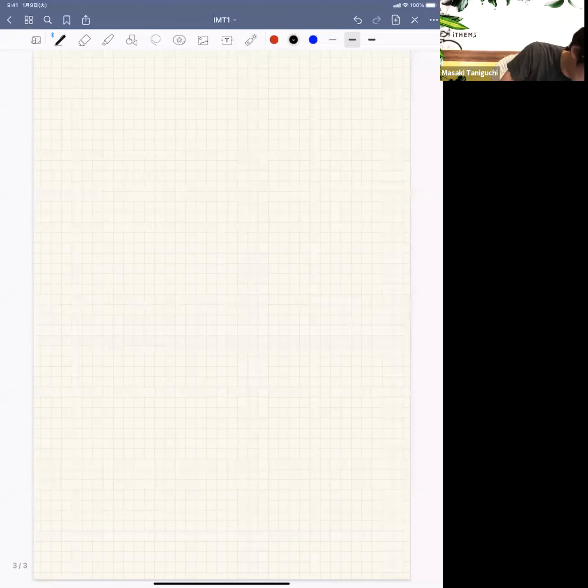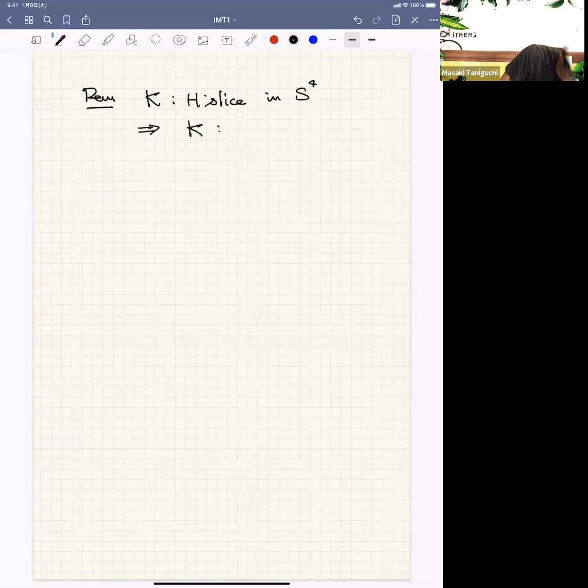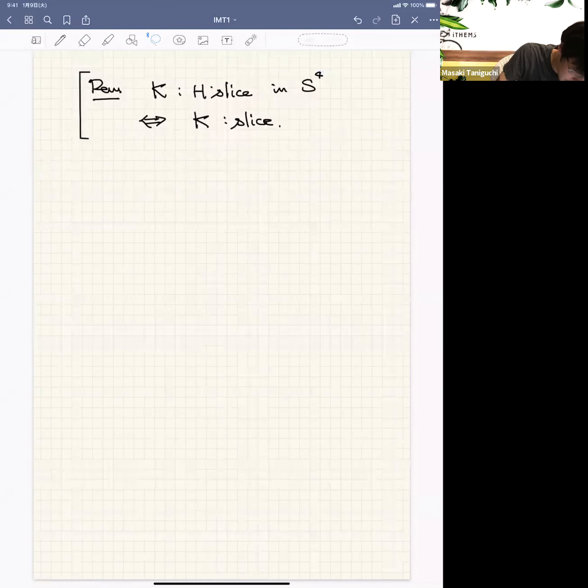Let me state a fundamental fact. If K is H-slice in S4, then K is actually slice in the usual meaning. Moreover, these conditions are equivalent. So H-sliceness gives a generalization of sliceness in some sense.